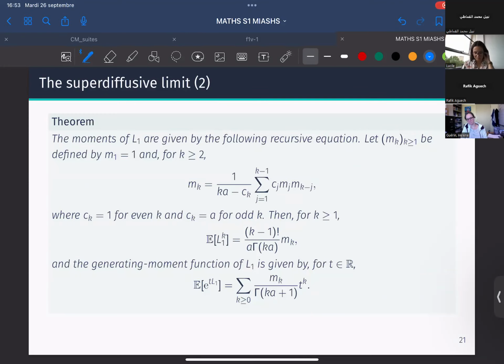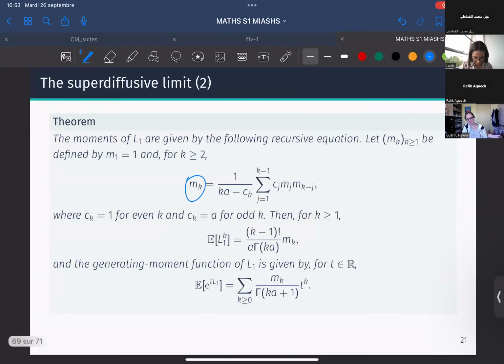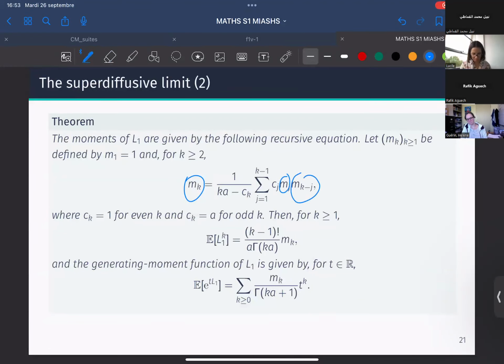So these are obtained thanks to the recurrence, so the fixed point equation. And if you look at the decomposition of the moment, actually you see the moment of a random variable that is the Mittag-Leffler distribution.